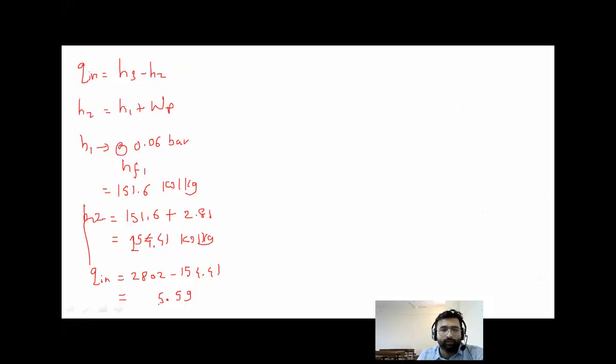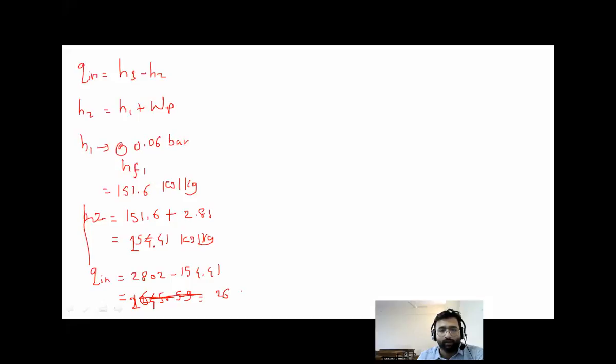Sorry, it is 2647.59 kilojoule per kg. Now calculate thermal efficiency.